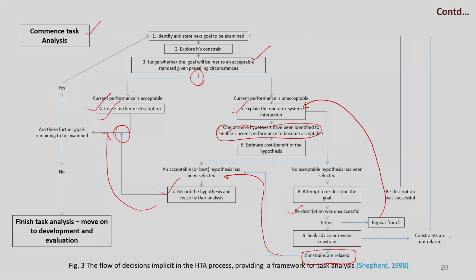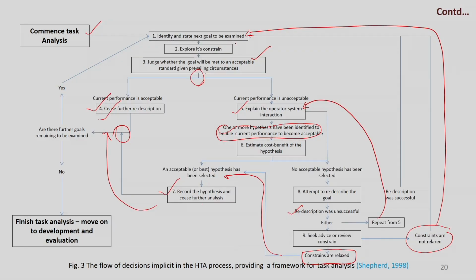But if it is not happening any way, and you are not in a position to relax those constraints, what do you have to do? Probably there is a problem in the beginning. Maybe you have not identified this particular task, or you have not stated those goals properly. So, again you start your process back. So, this is the common process we follow during our task analysis, hierarchical task analysis.